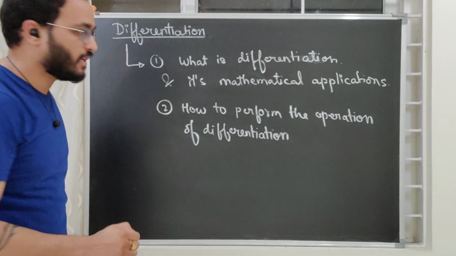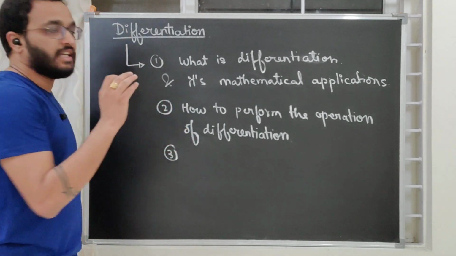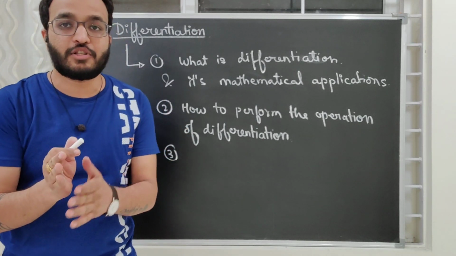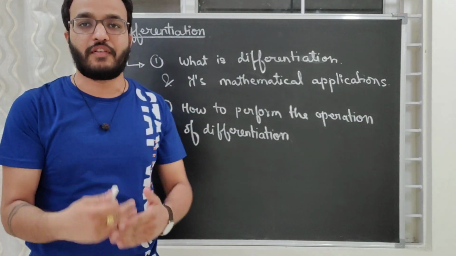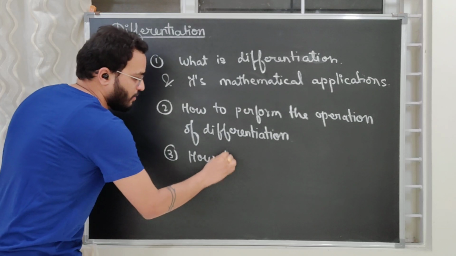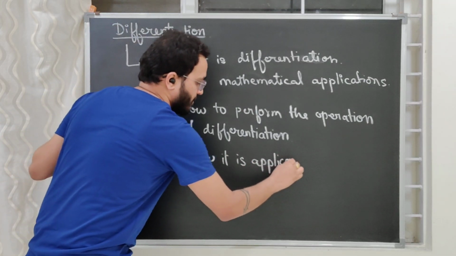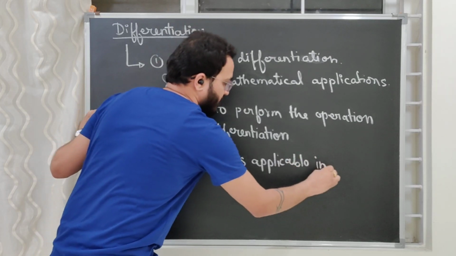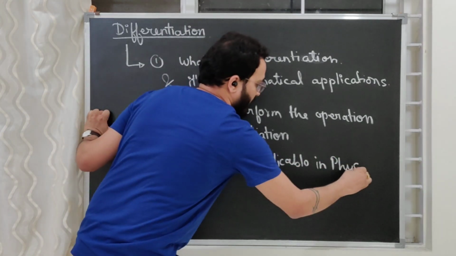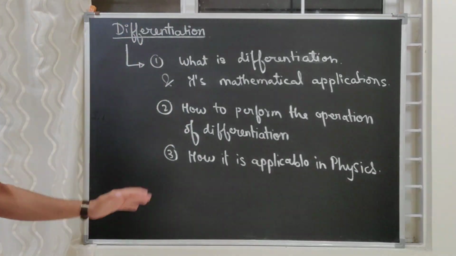And the third step is the application of differentiation in physics, or how we use differentiation in physics. So how it is applicable in physics. These are the 3 steps to understand differentiation.